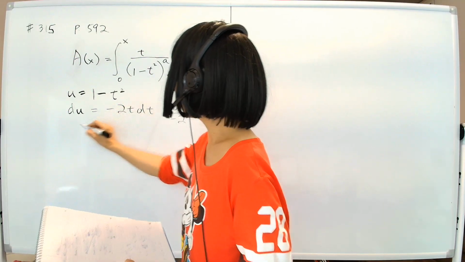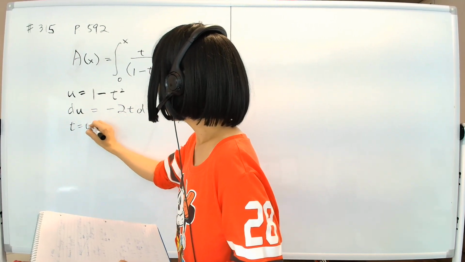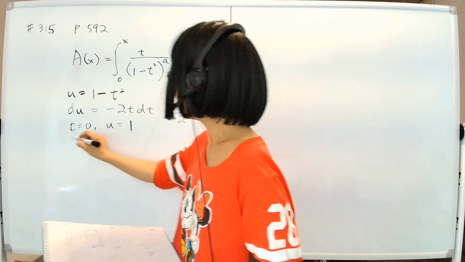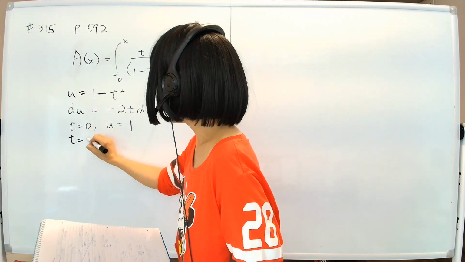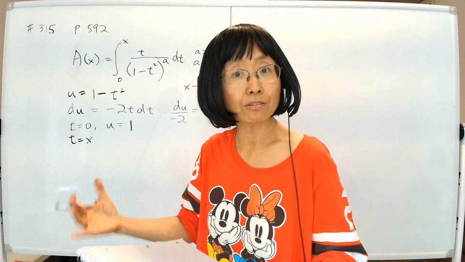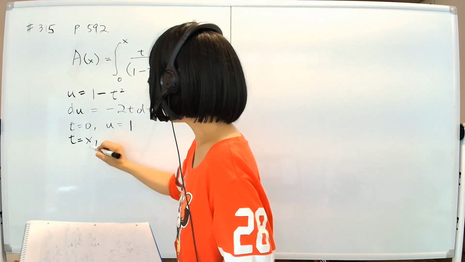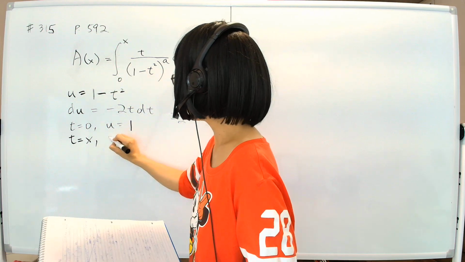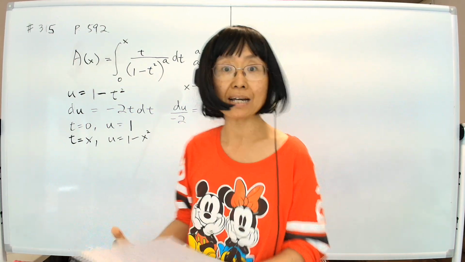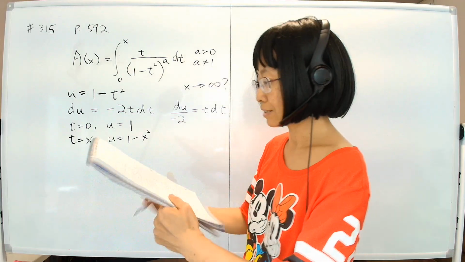So when t equals 0, u equals 1, and when t equals x, at this point x is held constant, u equals 1 minus x squared, because we don't know what x is, so we will just write it out that way.